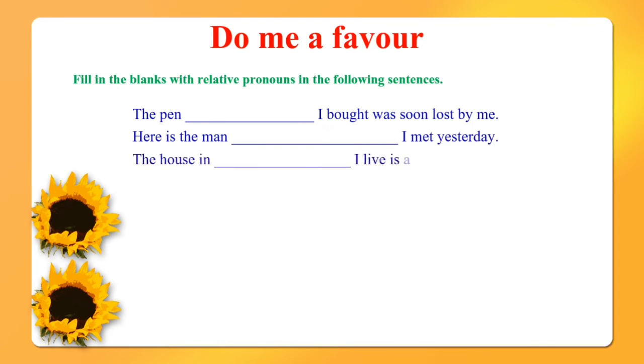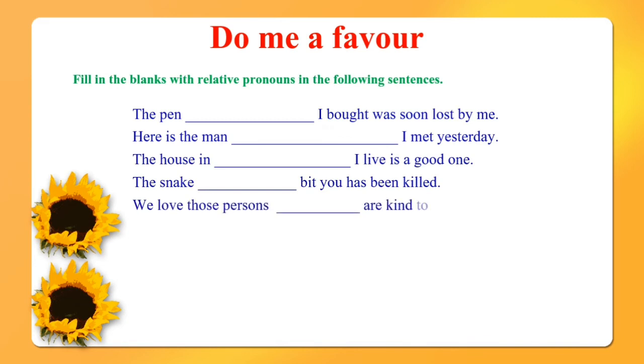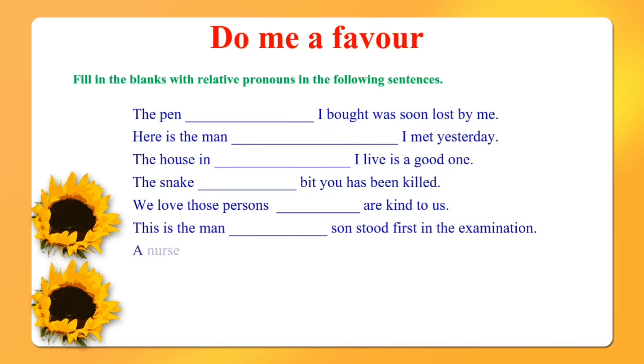The house in blank I live is a good one. The snake blank bit you has been killed. We love those persons blank are kind to us. This is the man blank son stood first in the examination.